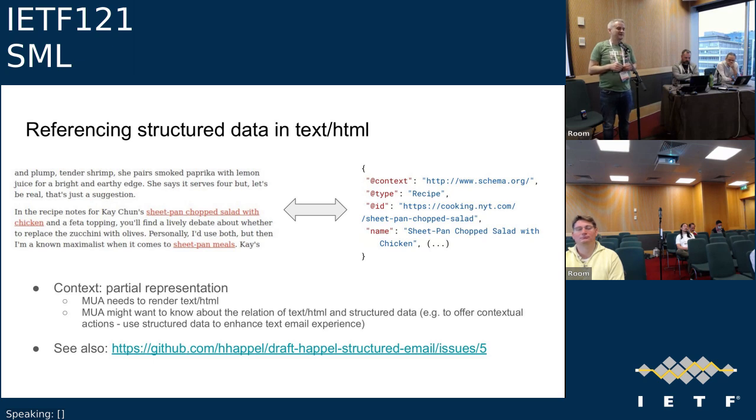But considering this is a very long newsletter with multiple recipes, would there be a benefit for a client to know that this particular link or piece of information in the newsletter is not just a link, but can also be other kinds of things? Should there be a defined way in which the client could infer the relation between those two things, so that the client, for instance, could show a pop-up? That is the baseline question here.